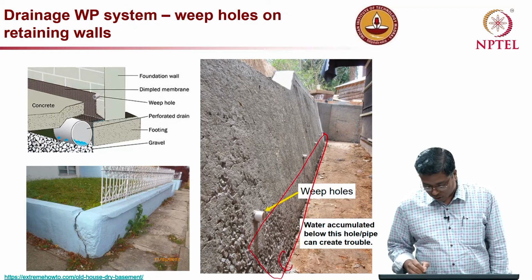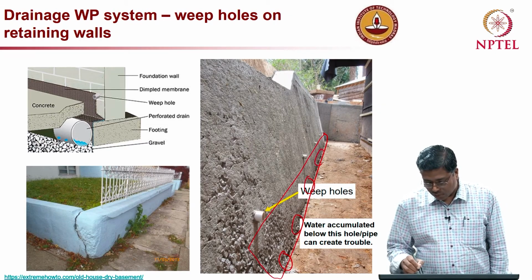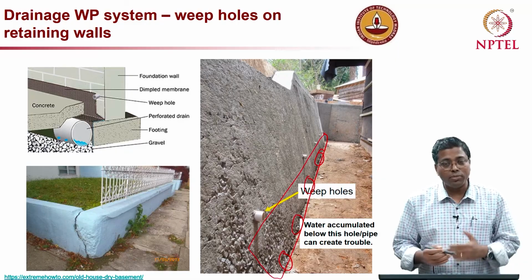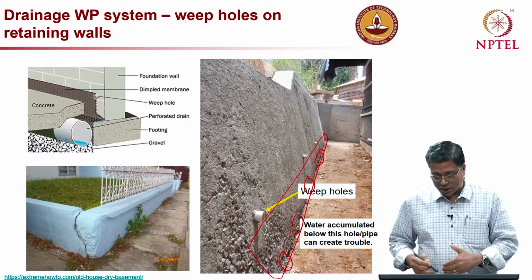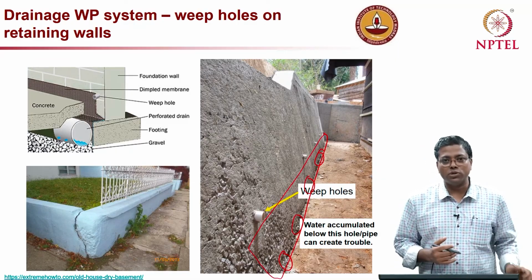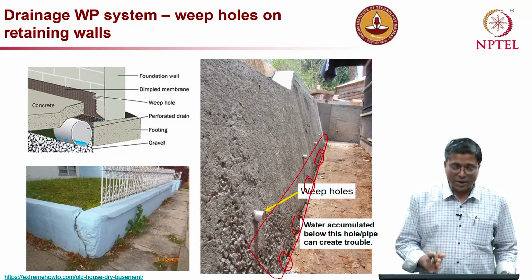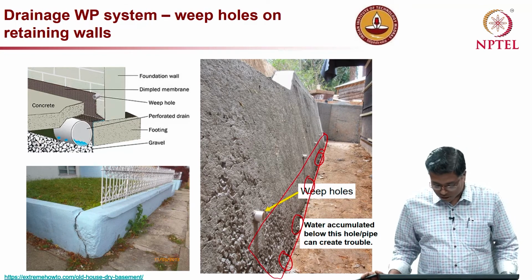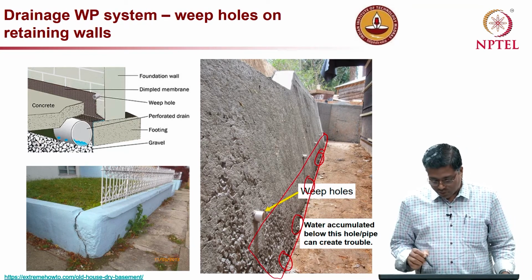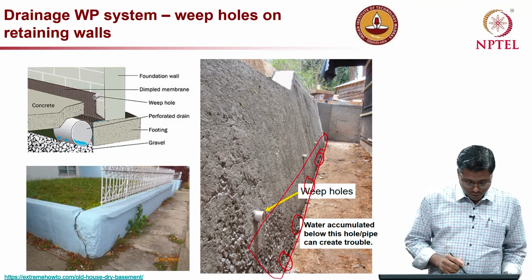Weep holes should always be provided at the bottom. I am not saying not to provide them in between, but there must be a set of weep holes at the lowermost point, so that no water is staying or getting collected and generating hydrostatic pressure. So, we must provide weep holes at the lowermost points also.